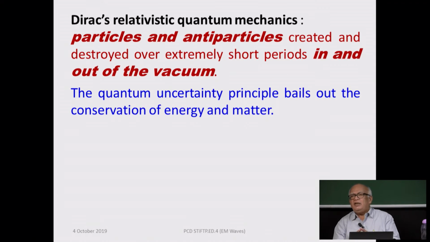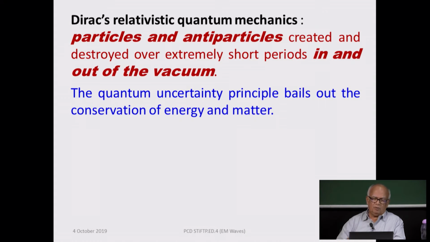But good that nature needs to be described in terms of the uncertainty principle, which is what accommodates the possibility of the creation and destruction of particles and antiparticles, which can take place in very short times. These particles and antiparticles, they may provide some vehicle for the propagation of the electromagnetic energy.